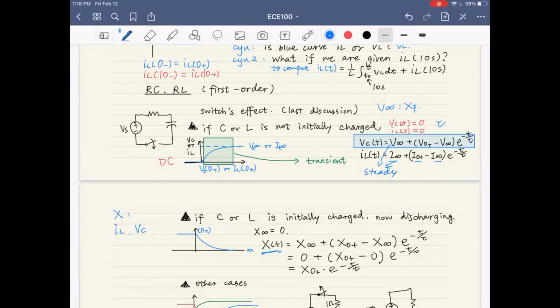If you solve the differential equation step by step, you can prove it yourself. And then the second term, something times e to the minus t over tau, is the xc. You add them together, and you get the final solution.